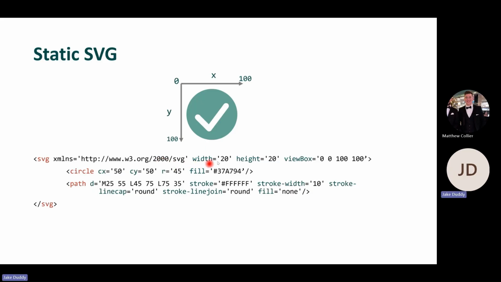You define the width and height, and this width and height corresponds to what you actually want the output size of the image to be in pixels. This view box piece corresponds to the actual space within the code. So you can see I'm defining a circle, which has an X and a Y coordinate of 50-50. So that's right in the middle of that 100, right? But then we're scaling that to a 20-20.